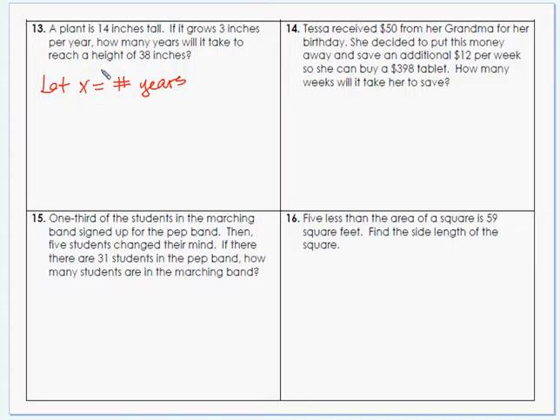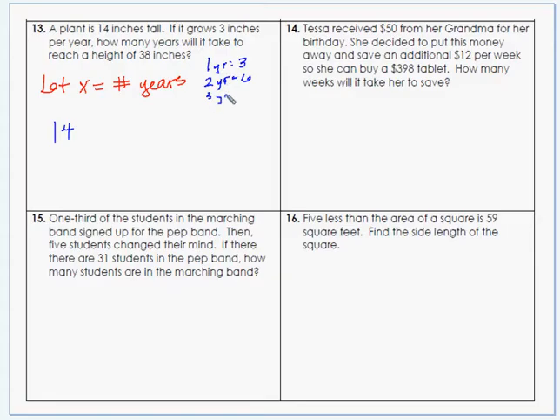Now to set up our problem, we know how much the plant is starting out at. The plant is starting out at 14 inches tall. And every year it's going to grow another 3 inches. And so when I grow in my first year, I've grown 3 inches. In my second year, I've grown 6 inches.